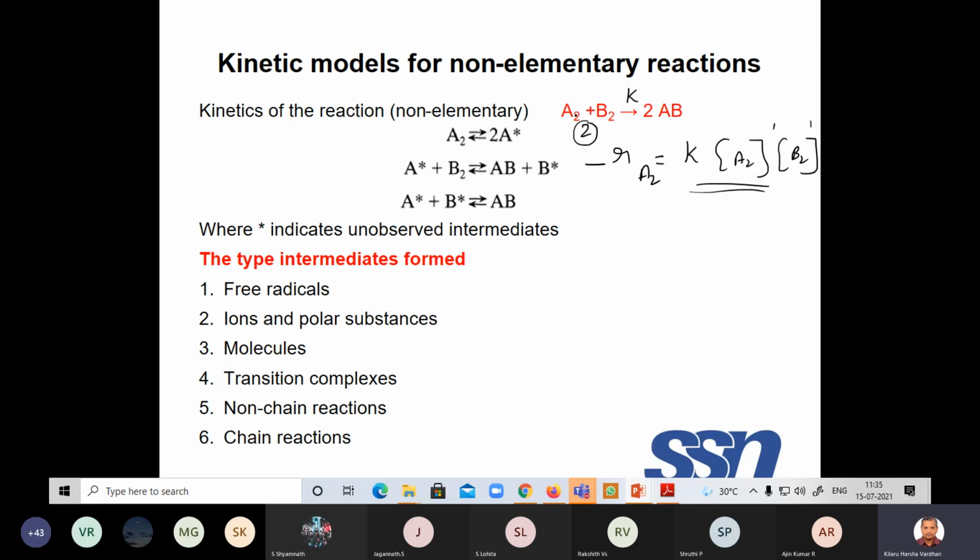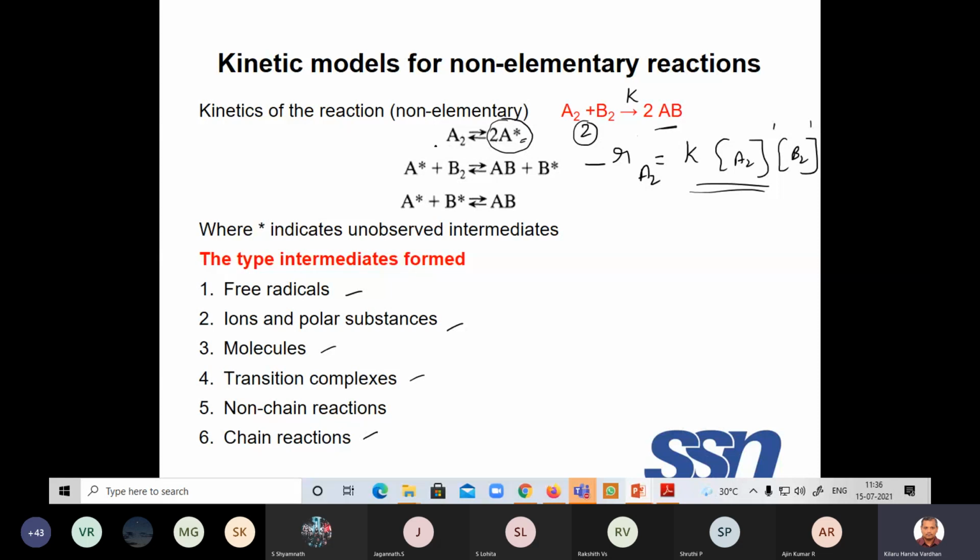For finding the rate, you have to split this equation into a series of elementary steps. How we can split, that is what I am giving here. First, let us think that A2 is forming some intermediate. Let A star be the intermediate, or free radical, or whatever you name, polar molecules, transition complex, anything you think. So we assume there is a chain reaction happening to form the AB product.